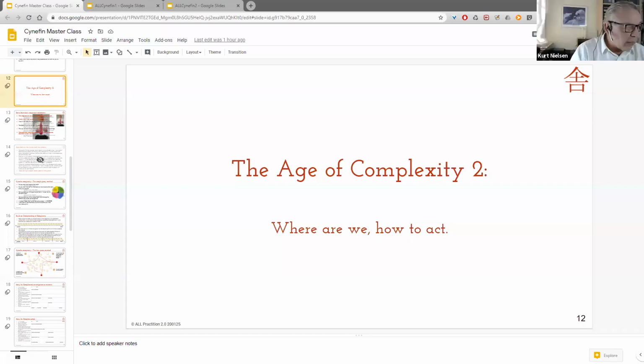But once they get this little acid drop of uncertainty all the time, then we can nudge them up to a better understanding. I'll share the screen again, and let's see this one here. Hopefully it was correct this time. And we're going to look at where are we and how to act. That's the topic now.